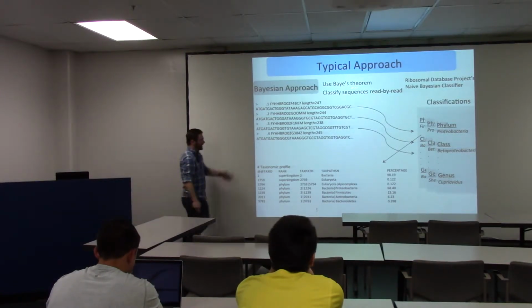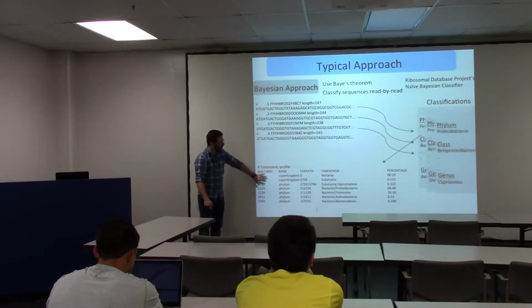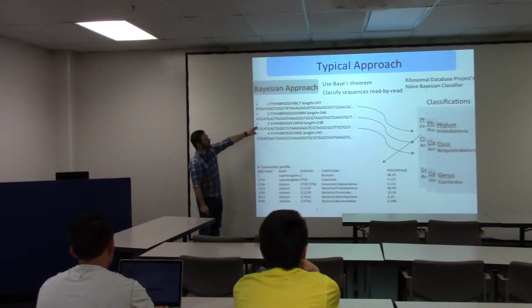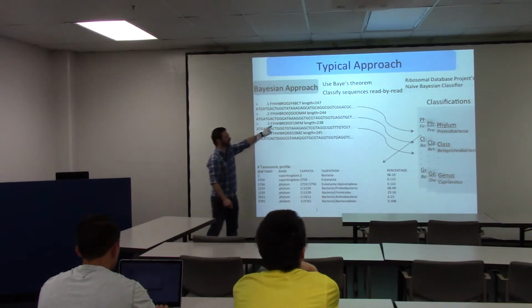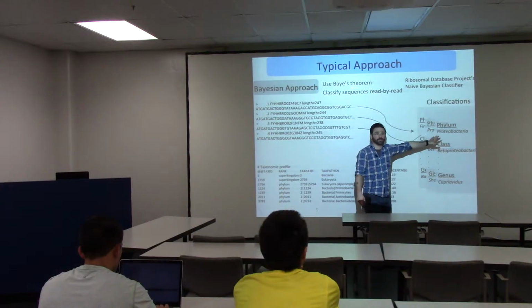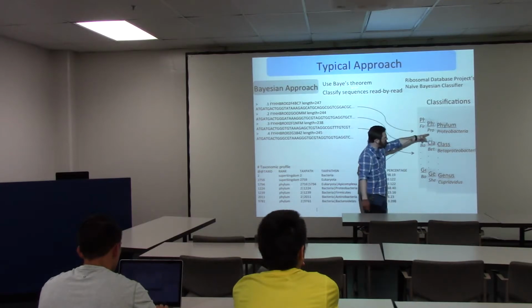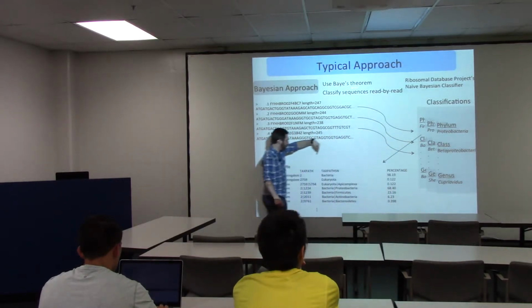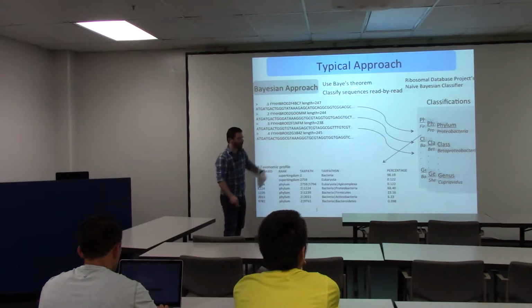So when you're talking about taxonomic profiling, this is the end result. The way that the Bayesian classifiers go about it is they first do a read by read binning. So you stick it in different taxonomic bins. Take a sequence, stick it in a bin. So it does a read by read binning and then summarizes that information into a taxonomic profile.